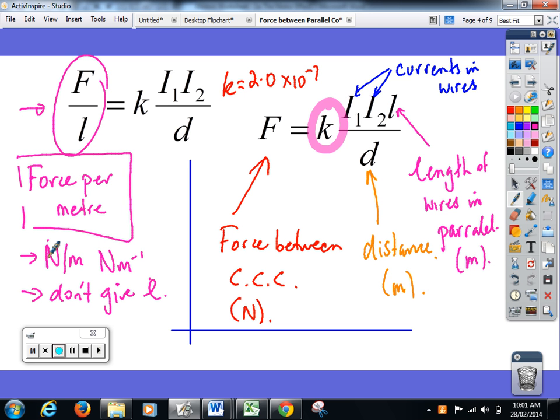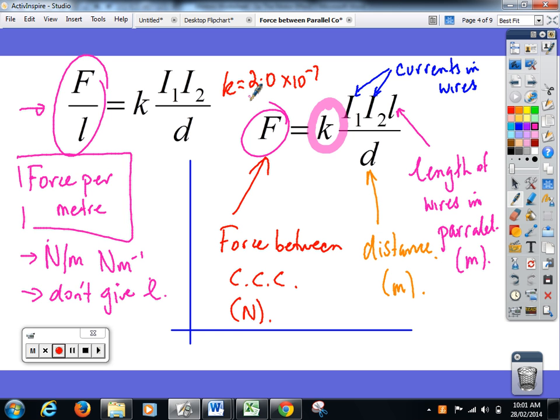Okay, and they actually say in the question, find the force per metre on this. Okay? So the difference is this formula gives you the total force on all of the wire. This one here is the force for every metre of wire. That's the only difference.